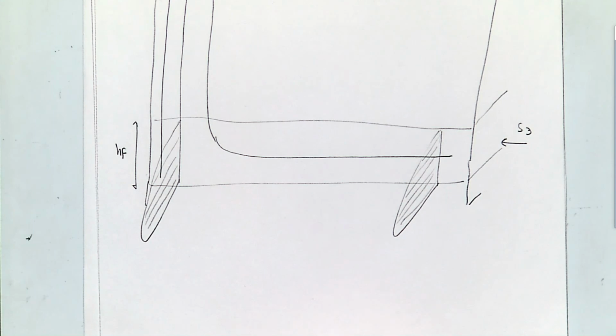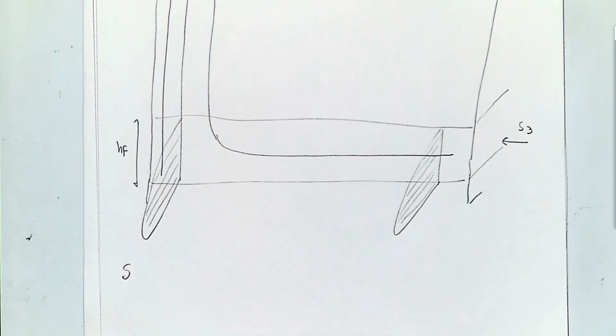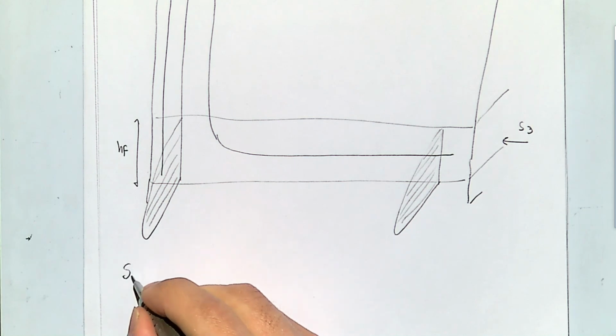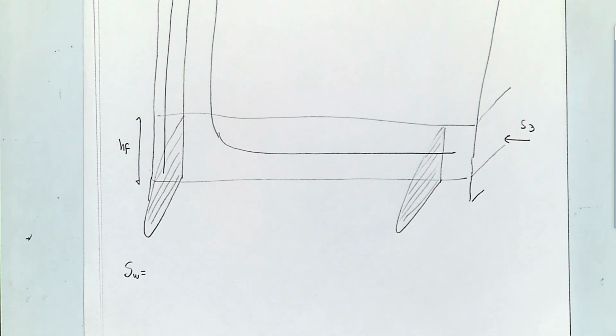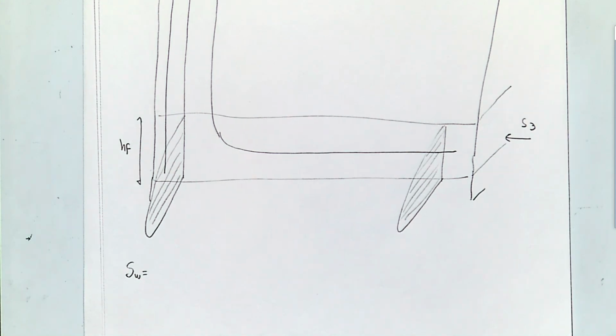In a single wellbore, what will be the area of the reservoir in contact with the wellbore? Let's assume an open hole completion. It just will be the area of the wellbore, right?